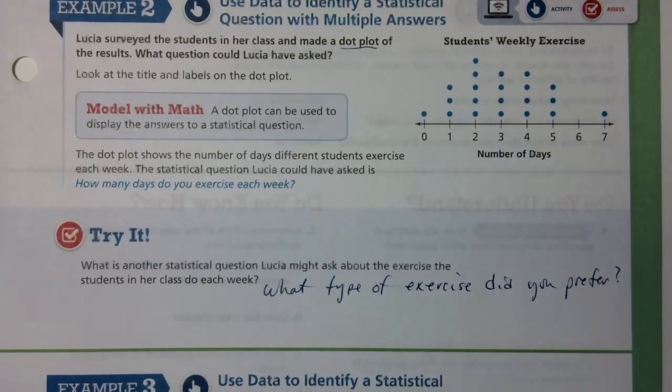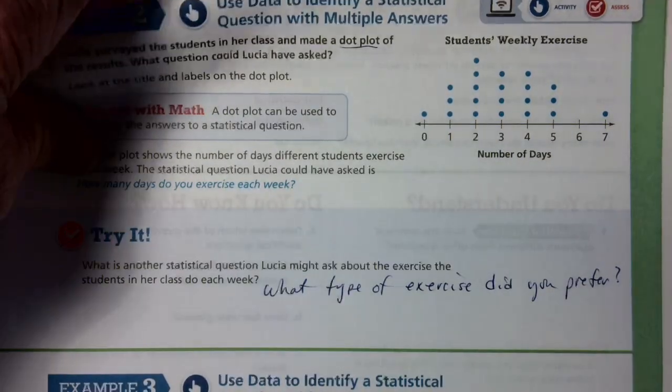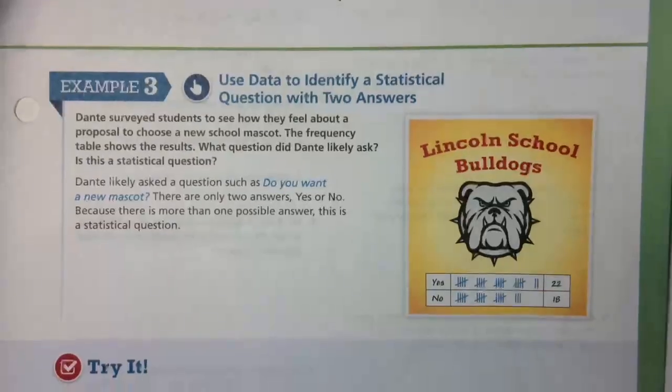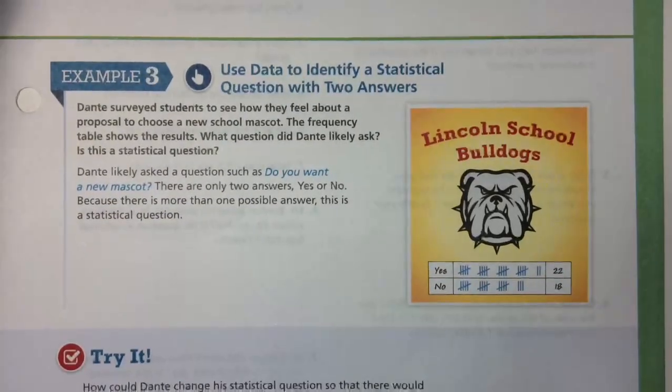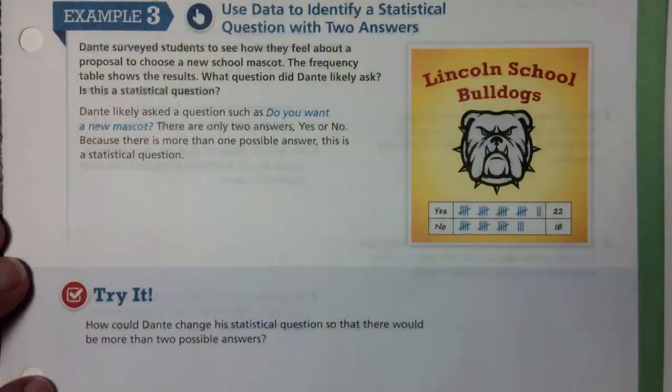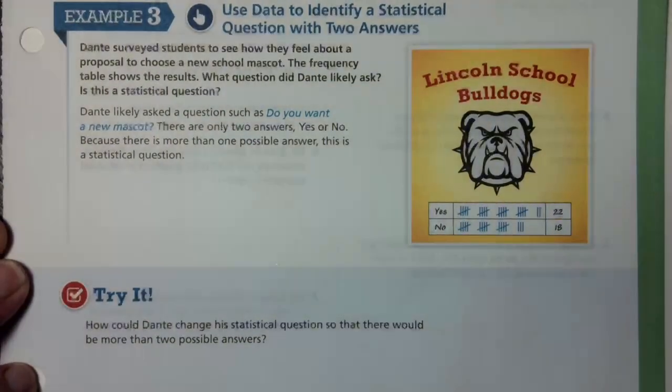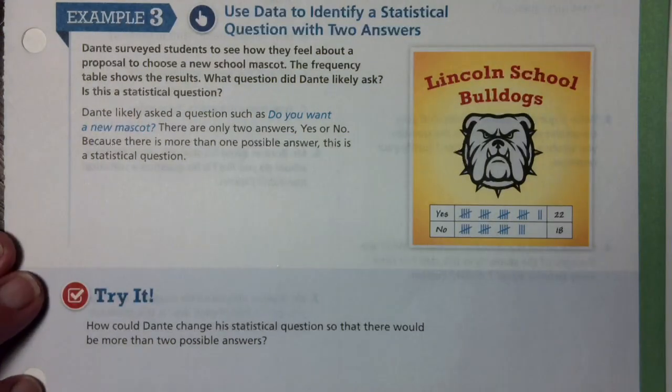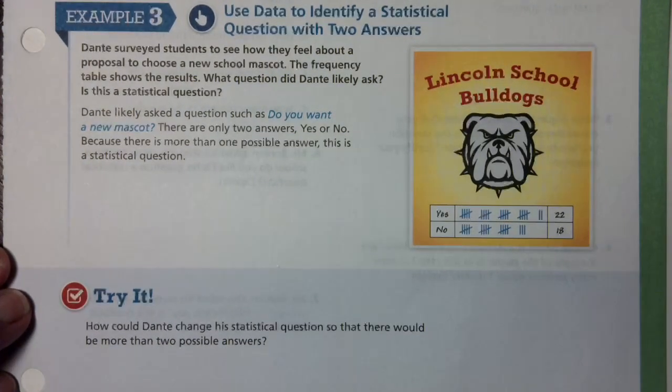Going to example number 3. Use data to identify a statistical question with 2 answers. What comes to my mind is a yes or no or a true or false. Okay, Dante surveyed students to see how they feel about a proposal to choose a new school mascot. The frequency table shows the results.